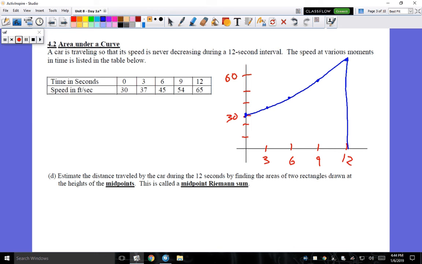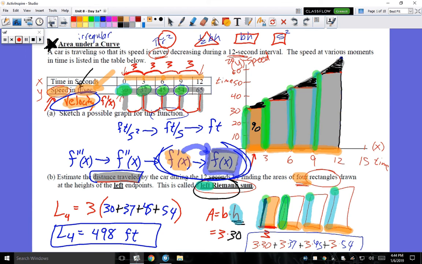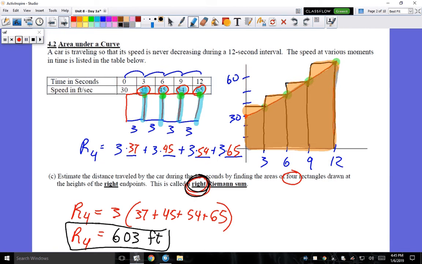Okay, so now we're going to do a midpoint. These that you saw over here, I'll do them in black so that you can see them very predominantly. You saw that we were looking at the left Riemann sums, so we were looking at the left upper corners. The second slide we were looking at the right Riemann sum, so we were looking at the right corners of each one.